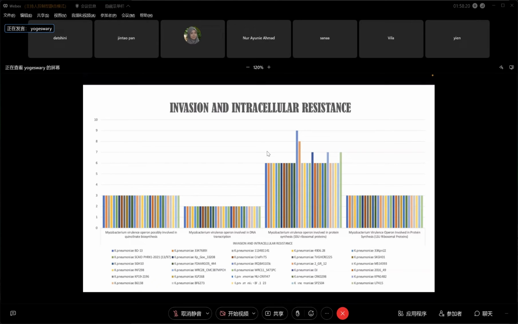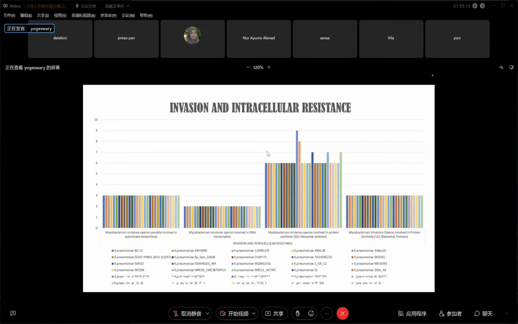So from here, the Mycobacterium virulence operon possibly involved in quinolinate is a key intermediate in the biosynthesis of nicotinamide adenine dinucleotide, NAD, an essential cofactor involved in various cellular processes. Virulence operons in bacteria typically consist of genes that encode proteins involved in various aspects of virulence, including adhesion, invasion, evasion of host defenses, and modulation of host immune responses.